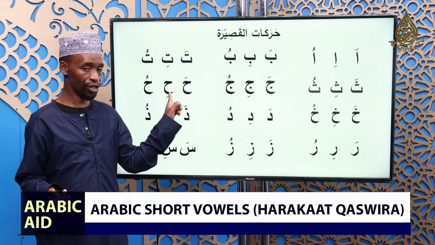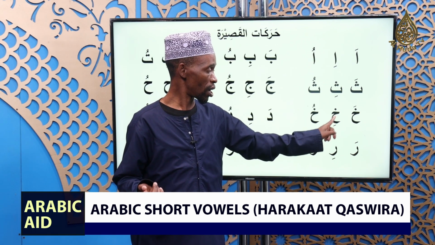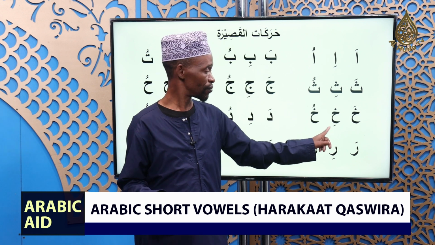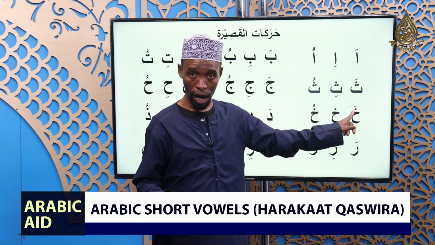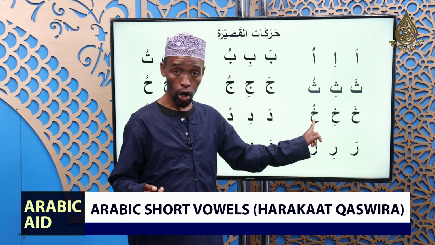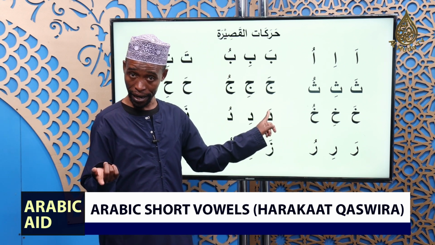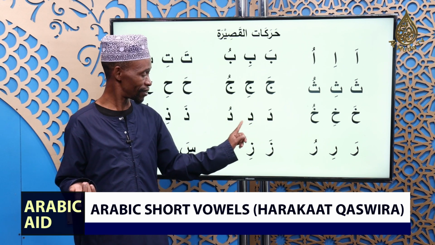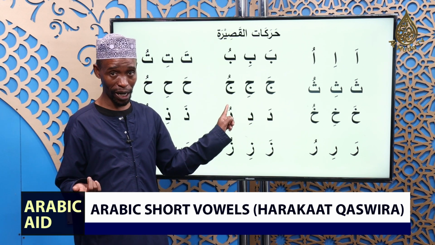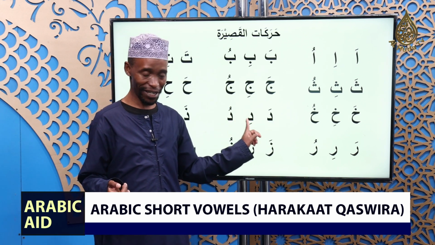Ha, Hi, Hu. Kha, fatha, Kha. Kha, kasra, Khi. Kha, dhamma, Khu. Kha, Khi, Khu. Dal, fatha, Da. Dal, kasra, Di. Dal, dhamma, Du. Da, Di, Du.